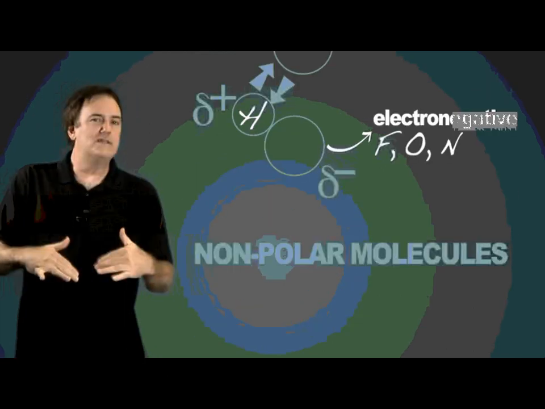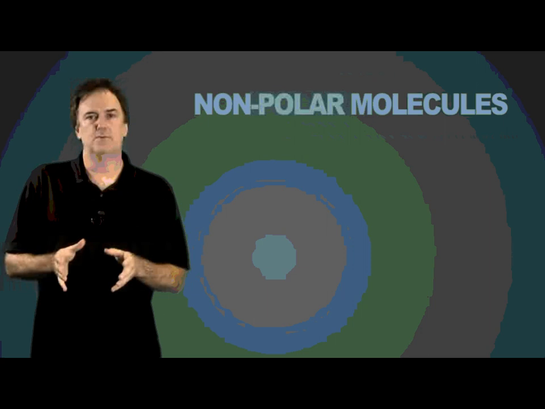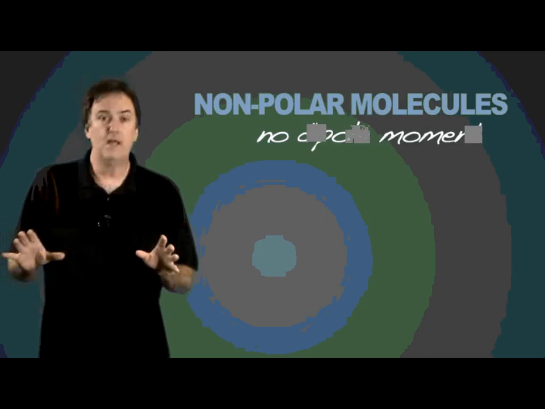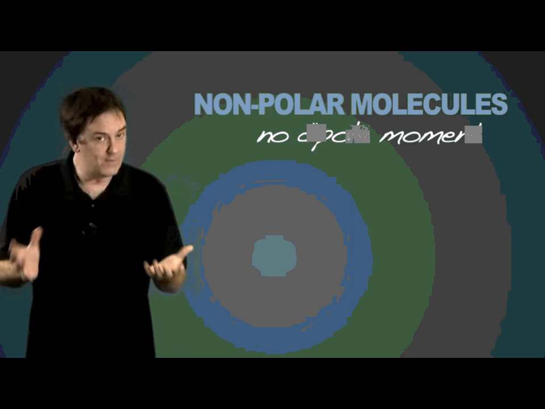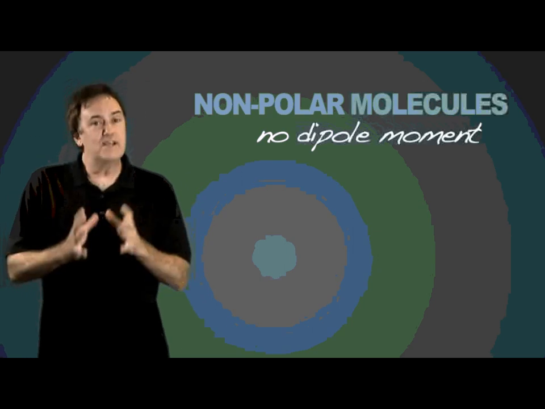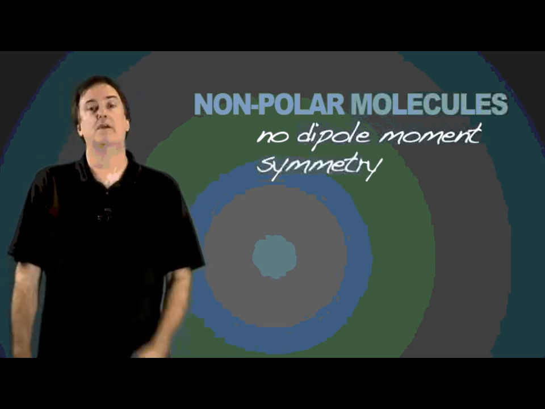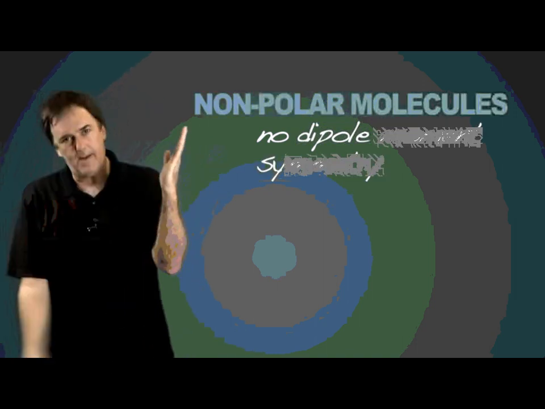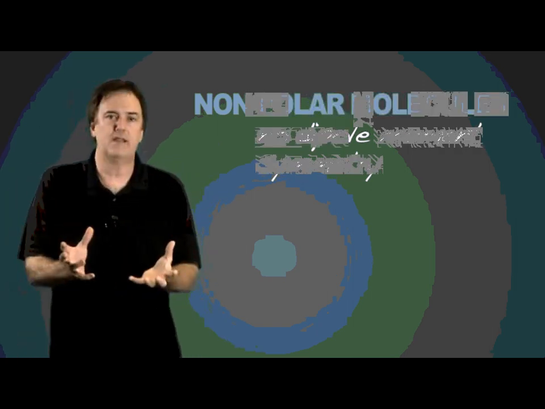At the low end of the scale are nonpolar molecules. Now, nonpolar molecules are molecules that have no dipole moment whatsoever. They usually are nonpolar due to symmetry arguments, meaning that whatever you argue pointing one way, there's the opposite way covered somewhere else on the molecule. So all the symmetry wipes out the polarity of the molecule.